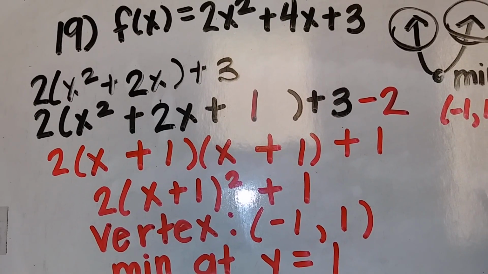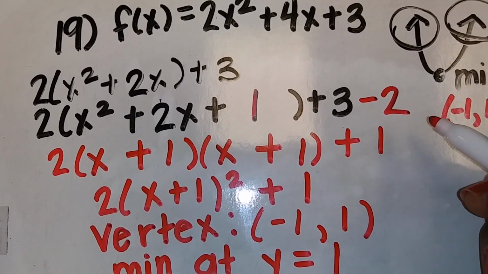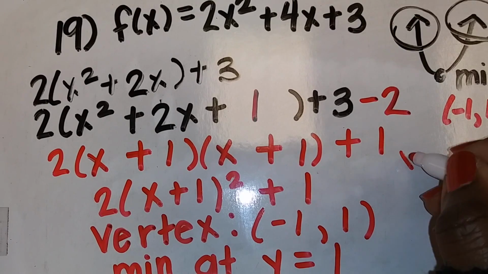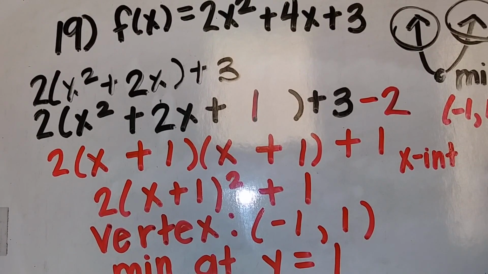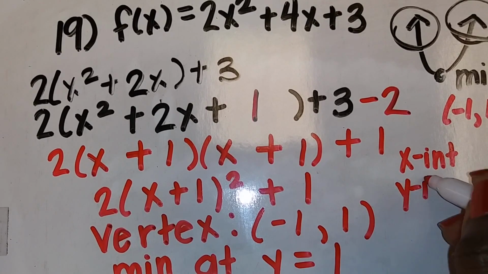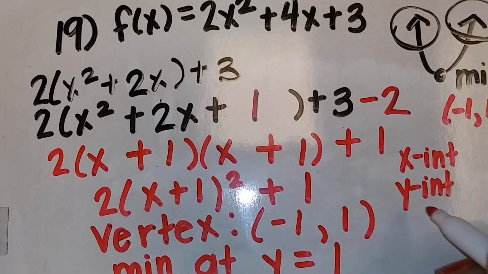Your x and y intercepts: to find your x-intercept, you're going to plug in 0 for y and solve for x. To find your y-intercept, you're going to plug in 0 for x and solve for y.